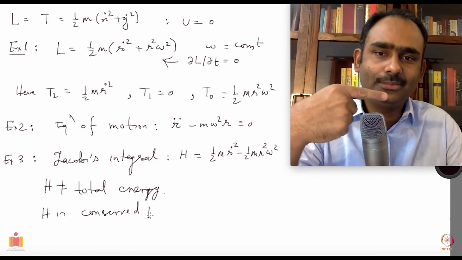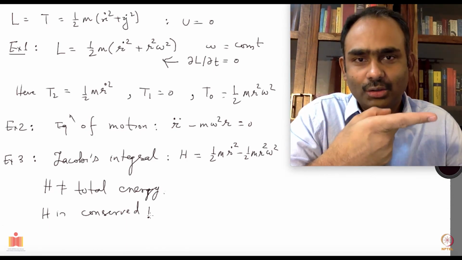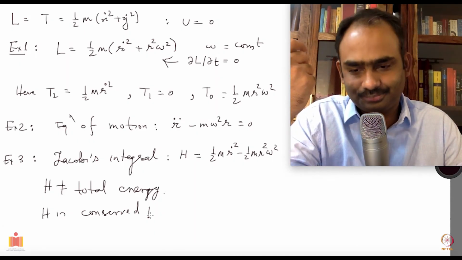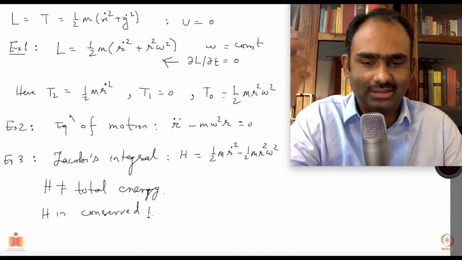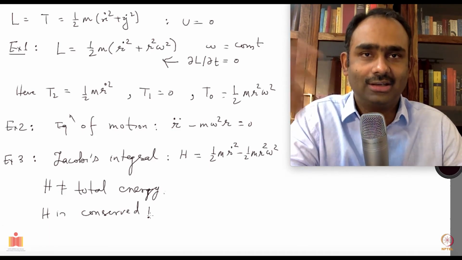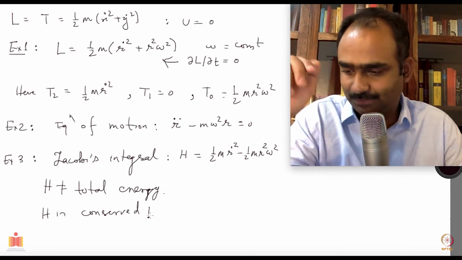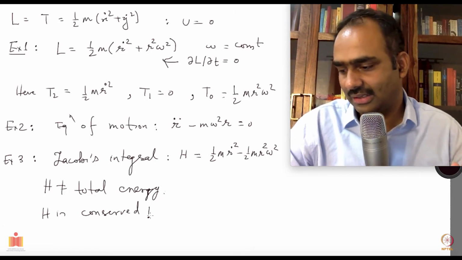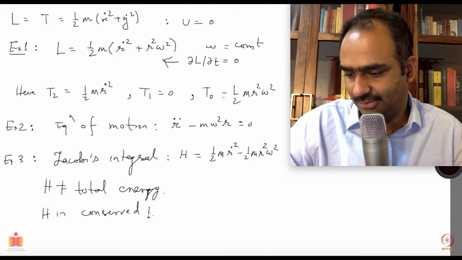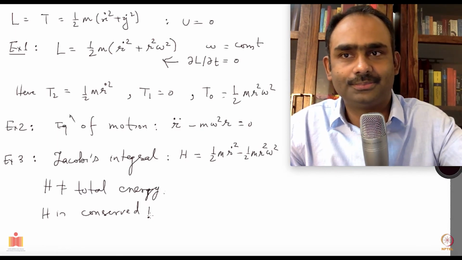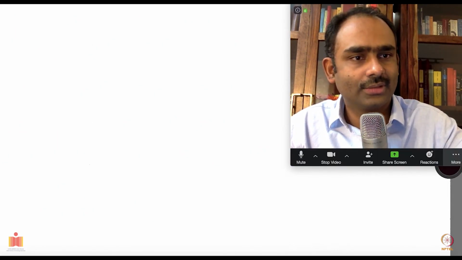Now I'll take another example, a minor extension of this problem. Instead of taking the wire to be rotating uniformly in the plane, I will take it to be having an angular acceleration. So let's say it has an angular acceleration of alpha. So the rotation is not uniform with time. Okay, and we'll ask the same questions as before.